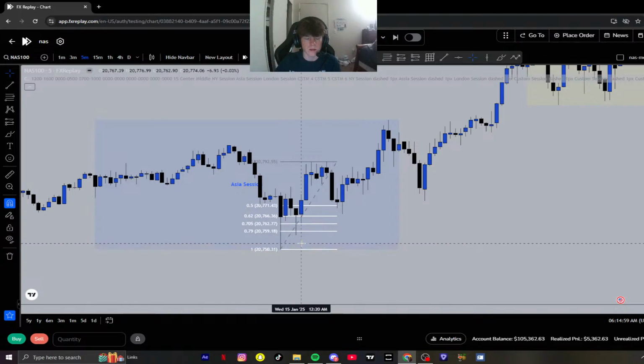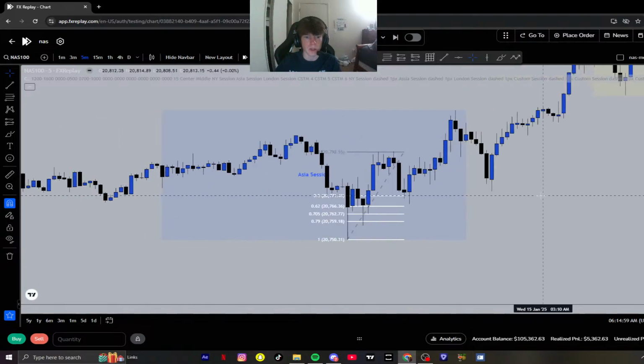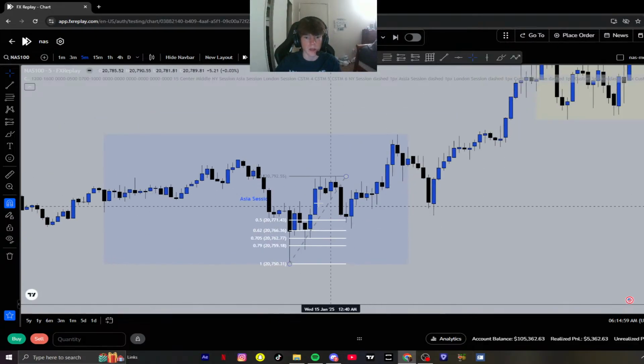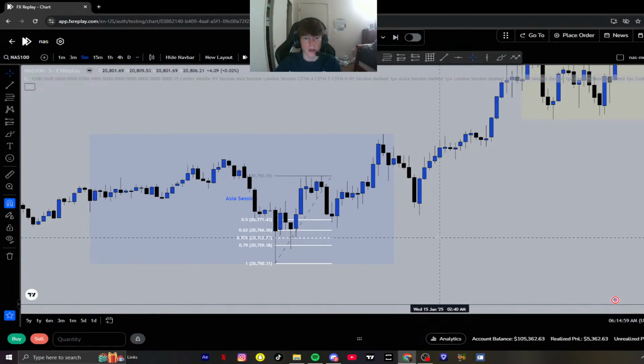Everything below that is premium, or, I low-key forget. I think everything below this is discount and everything above this is premium. Yeah, that's right. Everything above this is premium, below this 0.5 is discount, okay? So a lot of times what price will do is see this range, this obvious low and this obvious high. Price will tap into equilibrium, and then it'll continue in its direction.